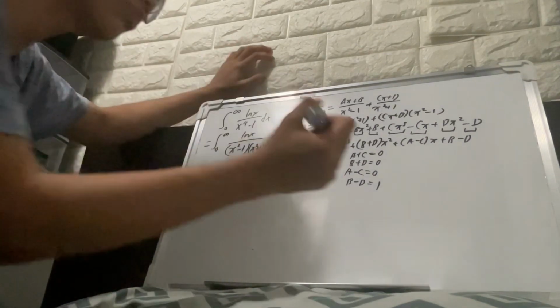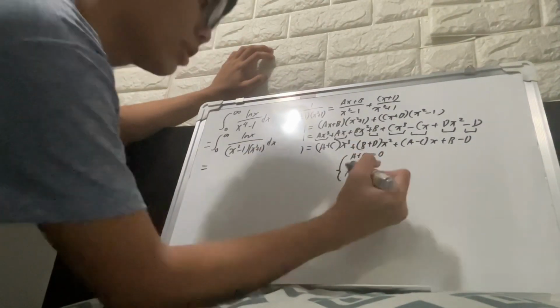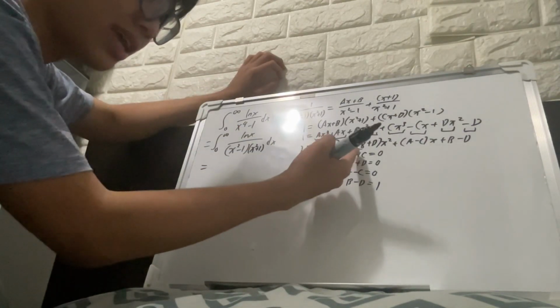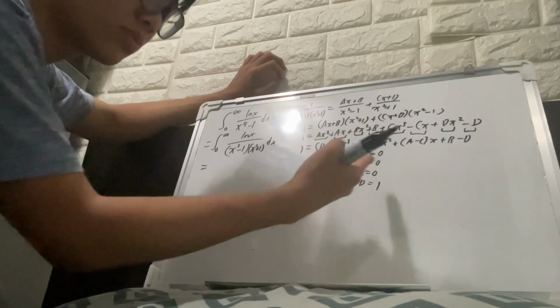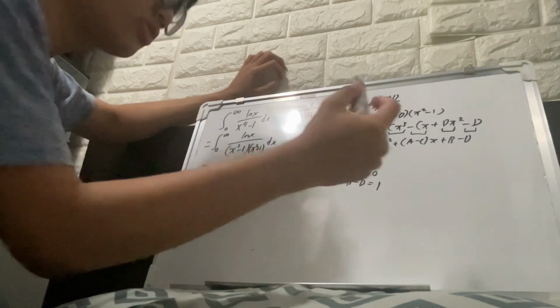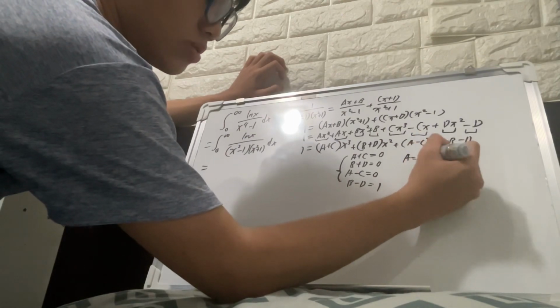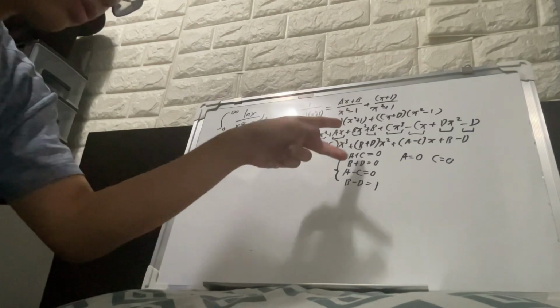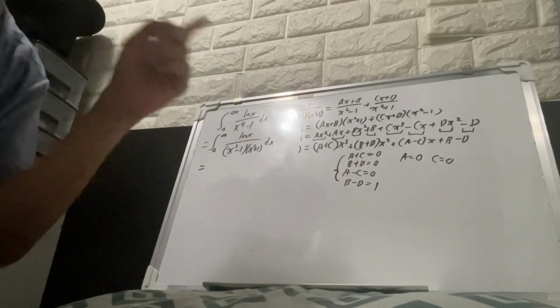So we're going to solve the linear equations. The first ones are really easy. Look at a plus c is equal to 0 and a minus c is equal to 0. Let me just write down the answers: a is equal to 0, c is equal to 0. You can do these two equations by adding them up.